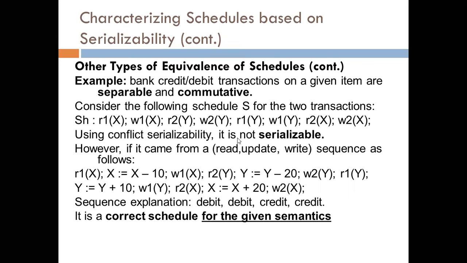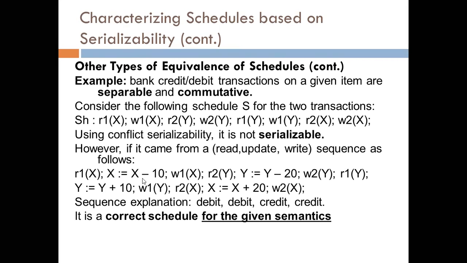However, if the read, update and write operations are just additions and subtractions, then the order in which you perform the operations doesn't matter. At the end of both transactions, the values of X and Y will be the same. If the end result of X and Y is the same, then we say it is semantically equivalent.